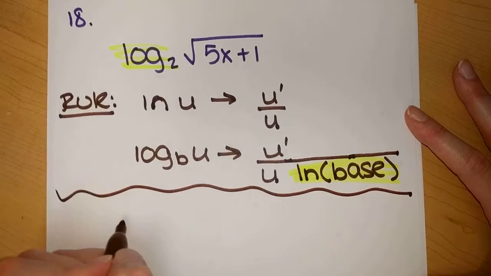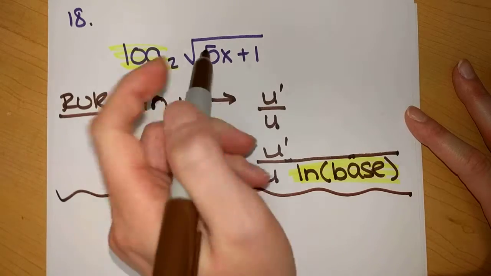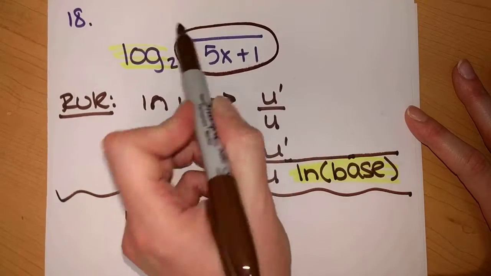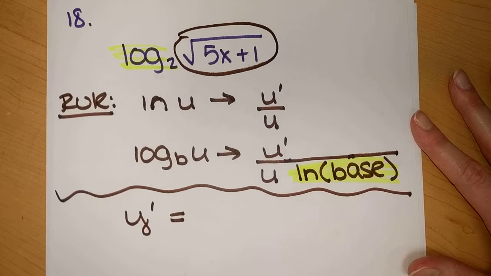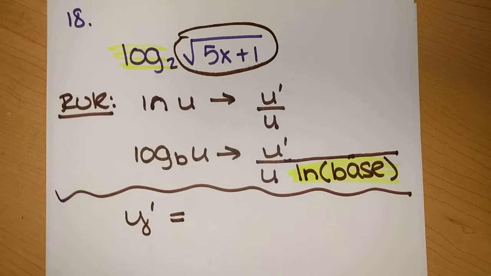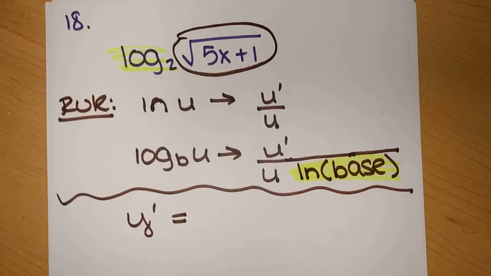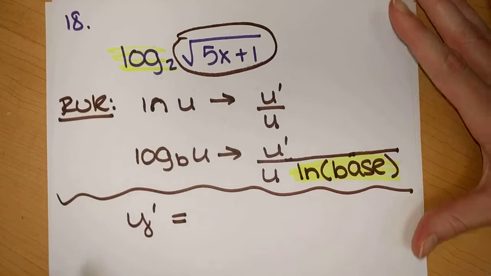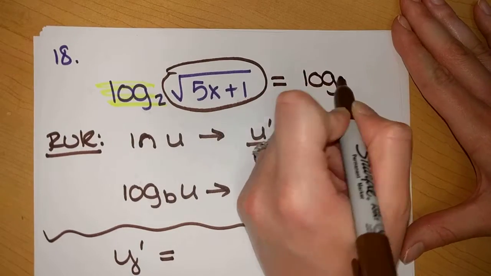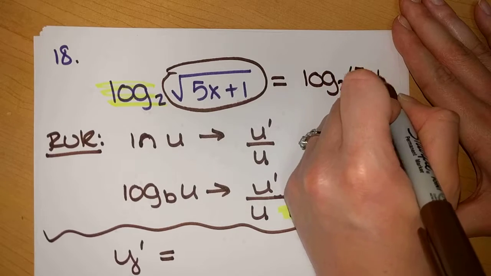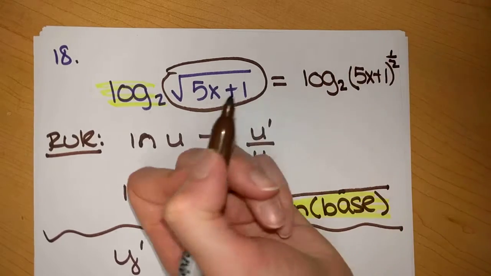All right, so for our particular question here, our argument is this function. And you know what's coming up. You got to take the derivative of that function, and nobody wants to take the derivative of that function. So here's the thing that you're going to do before you jump into taking the derivative. You are first going to look at this, and you're going to say that this is the same thing as log base 2 of (5x plus 1) to the 1/2, because that's always what we do.